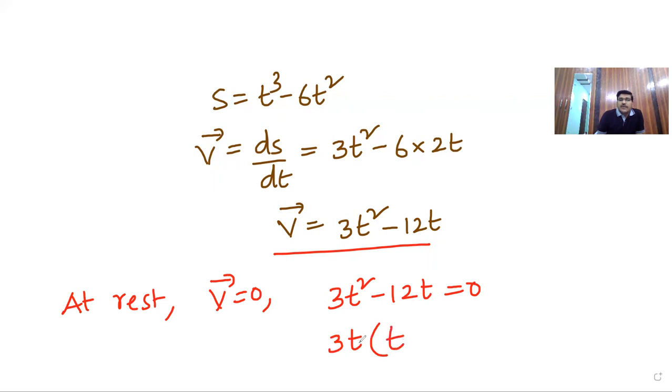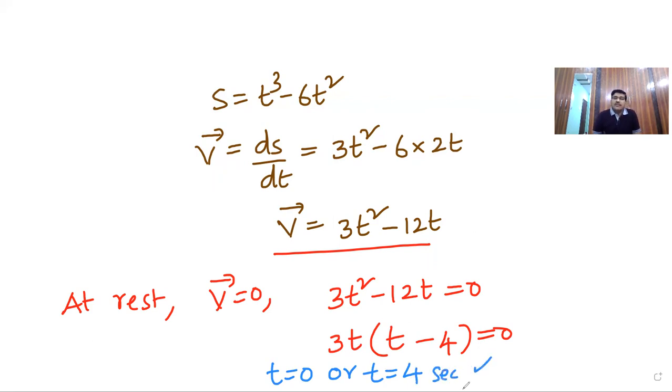So bracket t minus 4 becomes 0. From this we get t is equal to 0 or t is equal to 4 seconds.